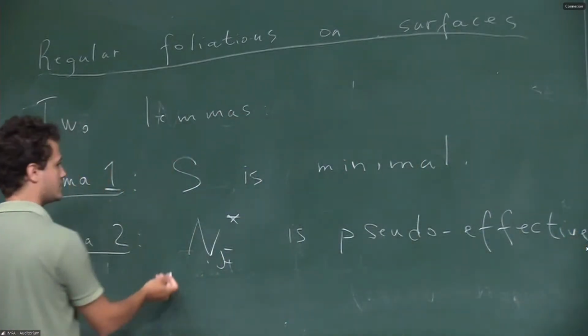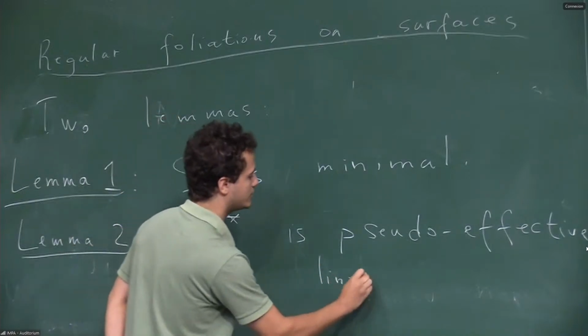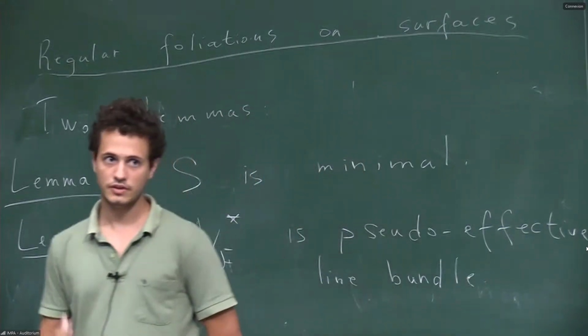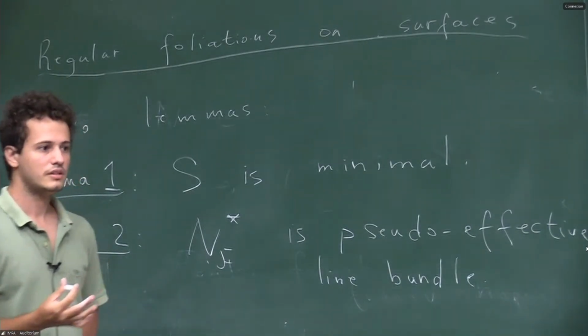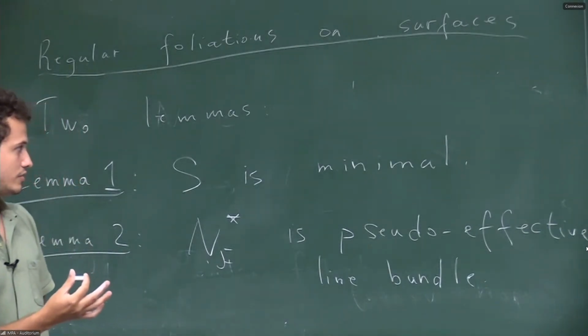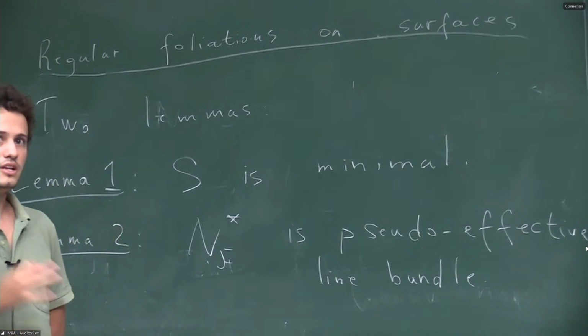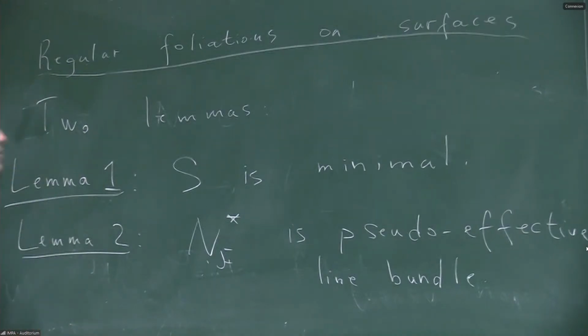Let me be more precise. What does it mean? We all know what effective line bundles are. And pseudo-effective means, if you consider the numerical class, that the numerical class is a limit of classes from effective line bundles.